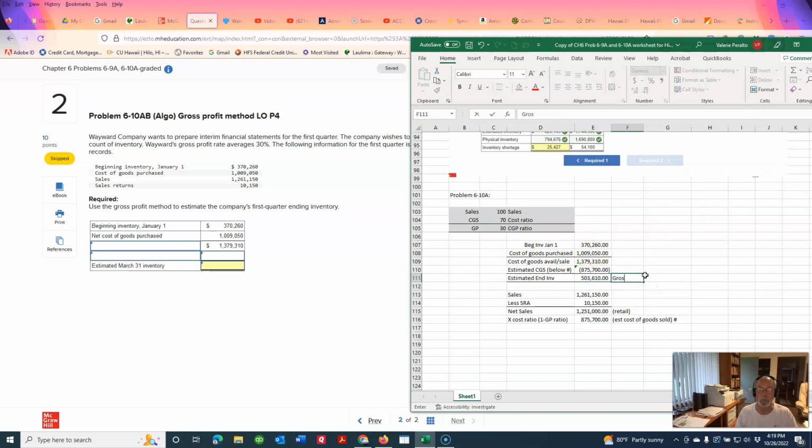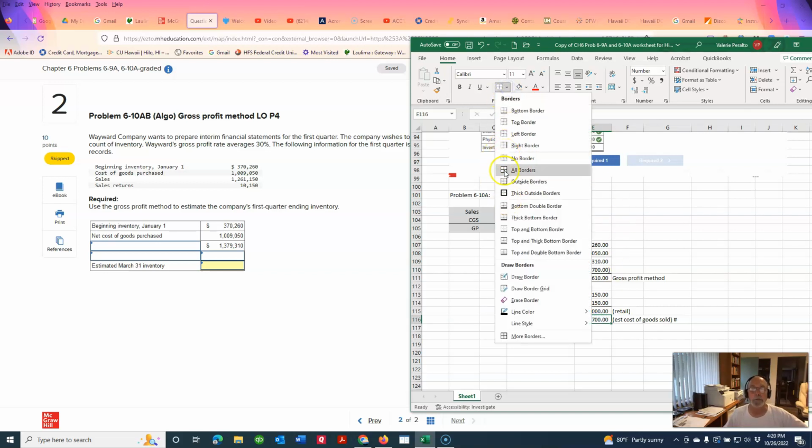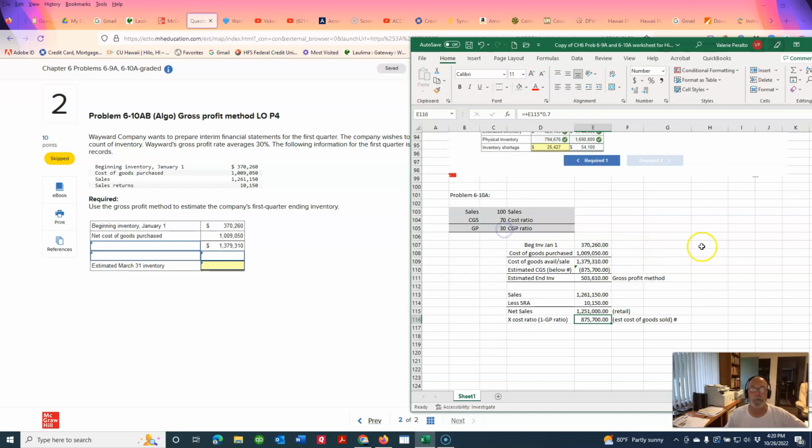using gross profit method. There we go. Yeah, we did want 2 lines there.